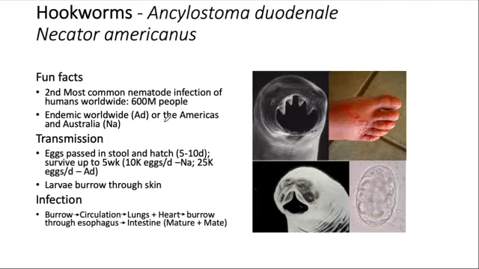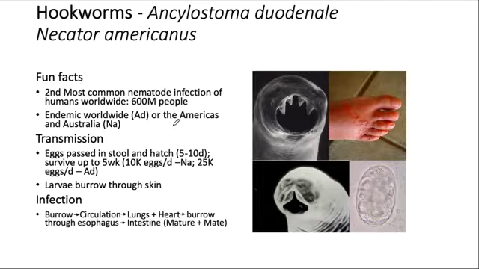Based on geographical distribution, you would have the Cylostoma duodenale being worldwide distributed, whilst Eukaryotes americanus is more common in North America. In terms of transmission, the eggs are passed out in stools.